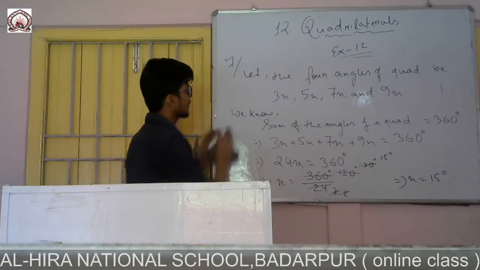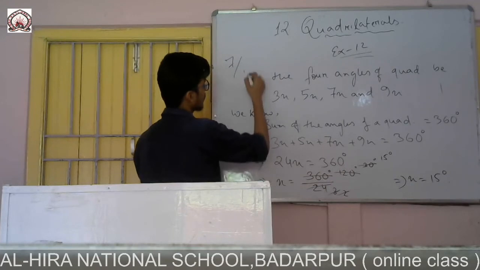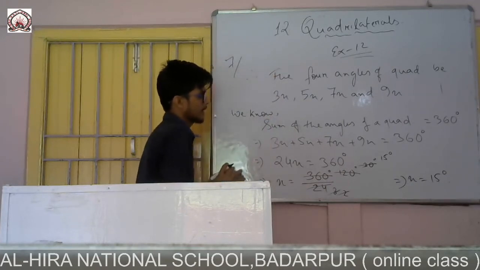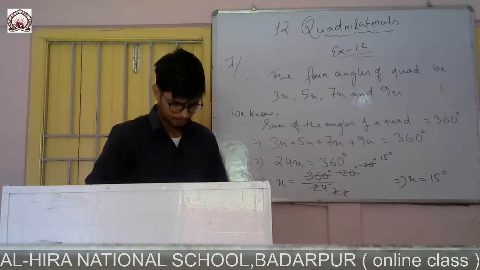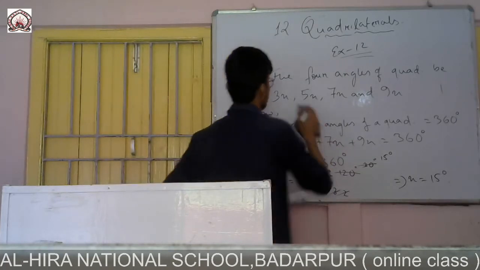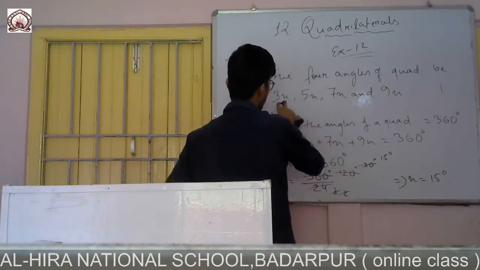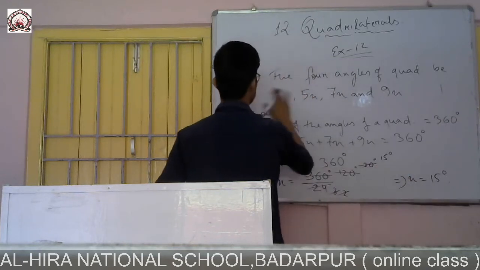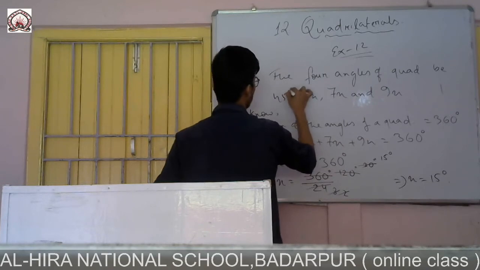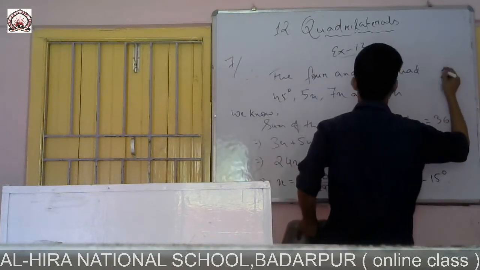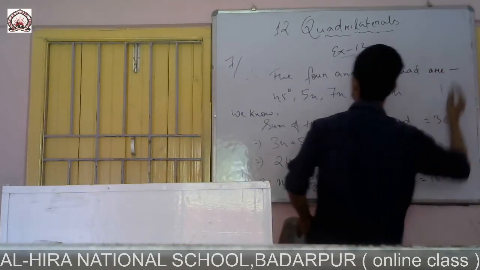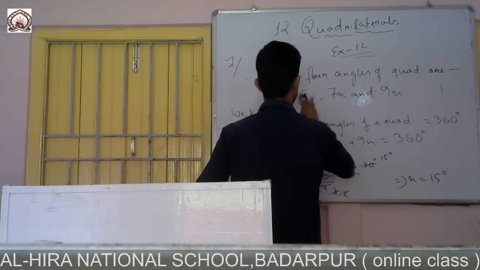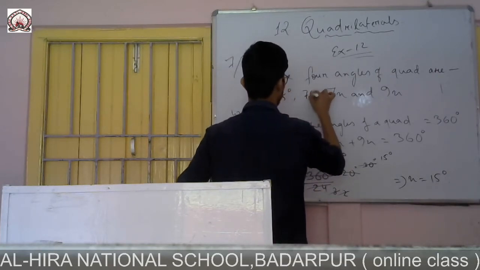So simply you write them, and therefore the four angles are, one by one, multiplying: 3x means 3 into 15, which is equal to 45 degrees. 5 into 15 is 75 degrees.